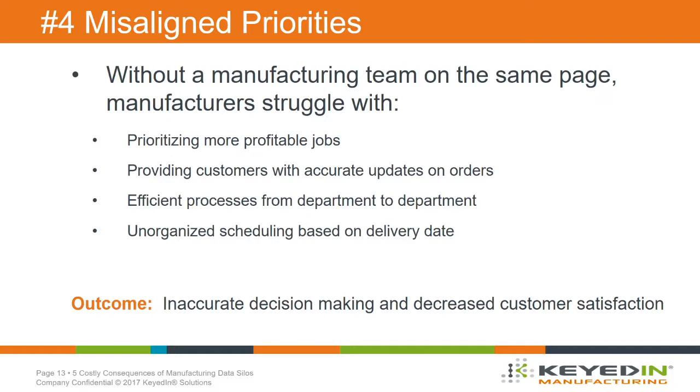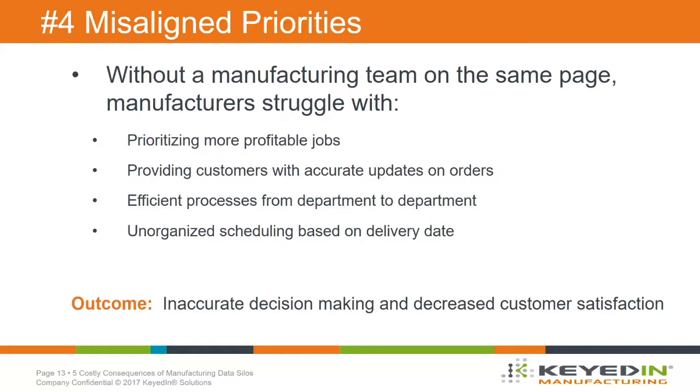And then let's not even get into scheduling. Very often we see customers only scheduling based upon delivery date without any real visibility to what's really going on out there at the work center level.